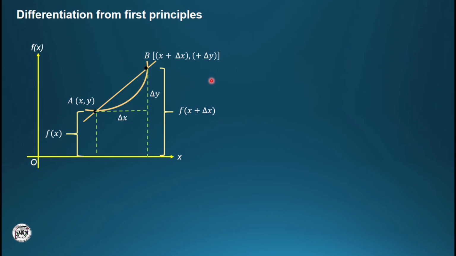Again, take note: we have y here, and y plus delta y. Therefore, when we say the gradient of the curve EB, let us show it with this: the gradient is delta y over delta x. Take note that delta y is equal to f of x plus delta x minus f of x.